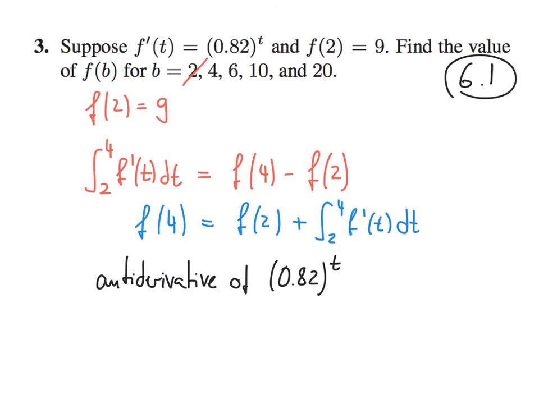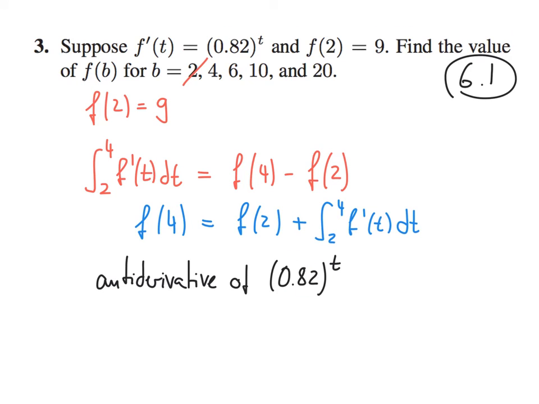So how do we find an antiderivative of 0.82 to the t? Well, that looks like a complicated function. Well, we have a rule for this. This is, in general, an exponential function.